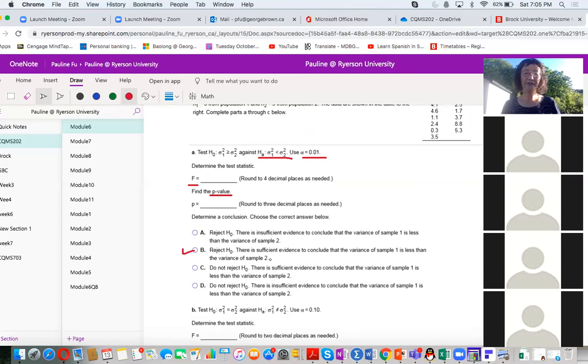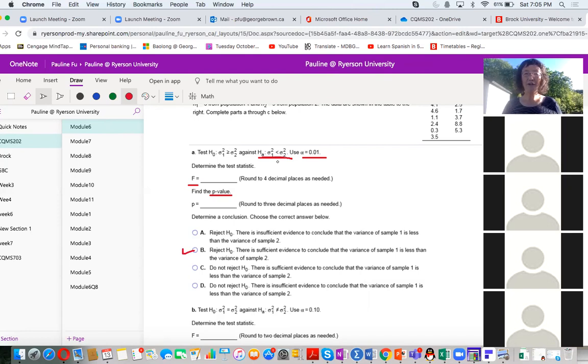So any questions? Again, this question is very basic and fundamental. It involves lots of basic concepts about hypothesis tests. You see, this is actually a left-tailed test. Did you see this? Left-tailed test. And you can use the p-value method to draw a conclusion.